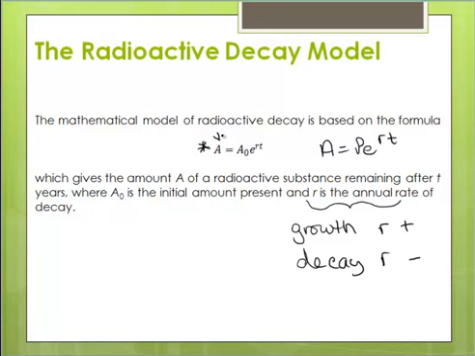A is the final amount, just like this A was the final amount. A sub 0 is the original amount, just like P is the original amount. This particular time doesn't actually have to be in years. In these type problems, you just use the time that they give you in the problem. So let's have a look at one.